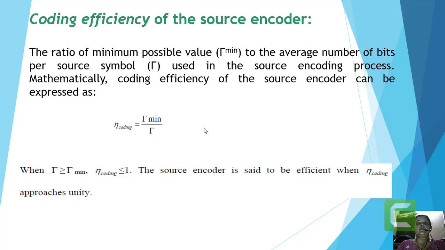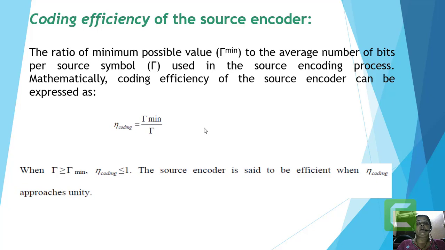The third concept associated with source encoding is coding efficiency, and this coding efficiency is the ratio of the minimum possible value of rho, that is, the average number of bits per symbol, to the average number of bits per symbol used in the source encoding process.